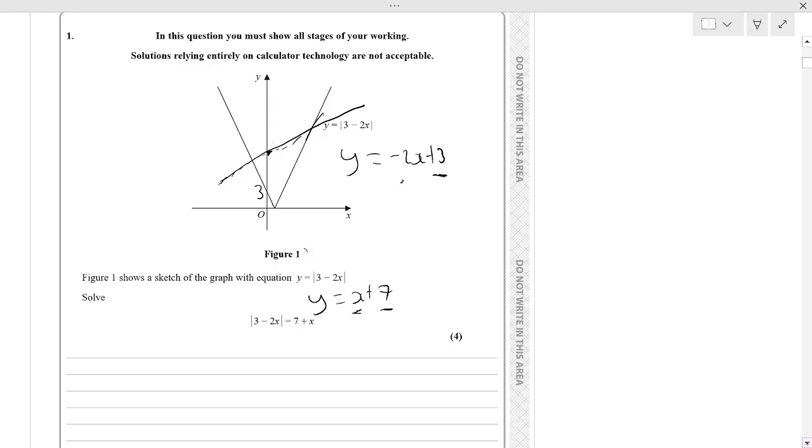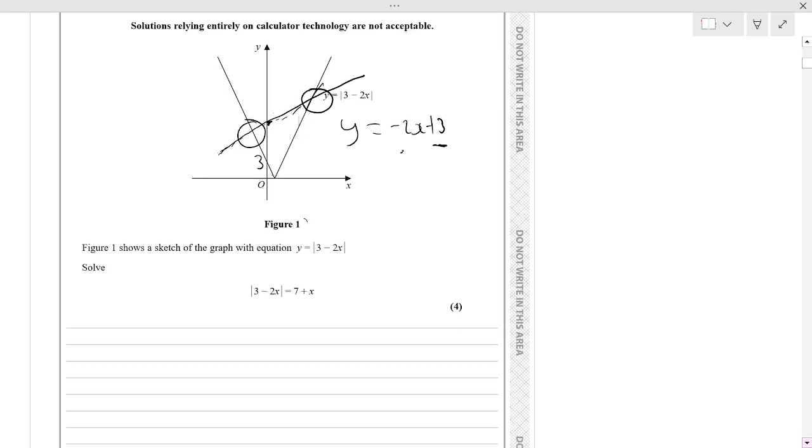Plot the lines, consider the gradients and the intercepts to help you locate and determine where the lines cross. And notice there are 2 intersection points as a result, which is here and here. The strategy is that we're going to have 2 different equations.